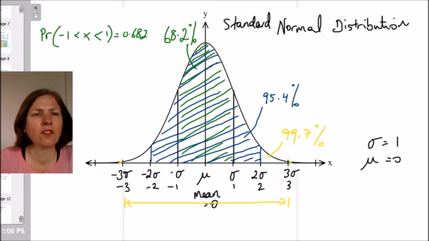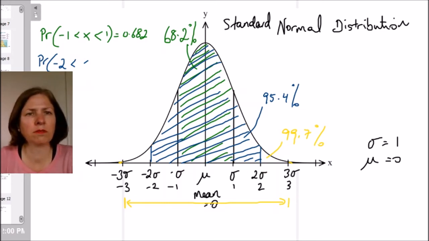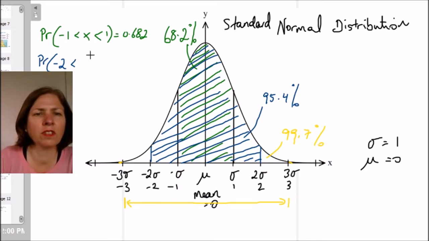Okay, so now let's look at blue. The probability that I'm going to fall within 2 standard deviations of, in fact I should call that a Z, not an X at all, because I'm on the standard curve. So that Z is less than 2.